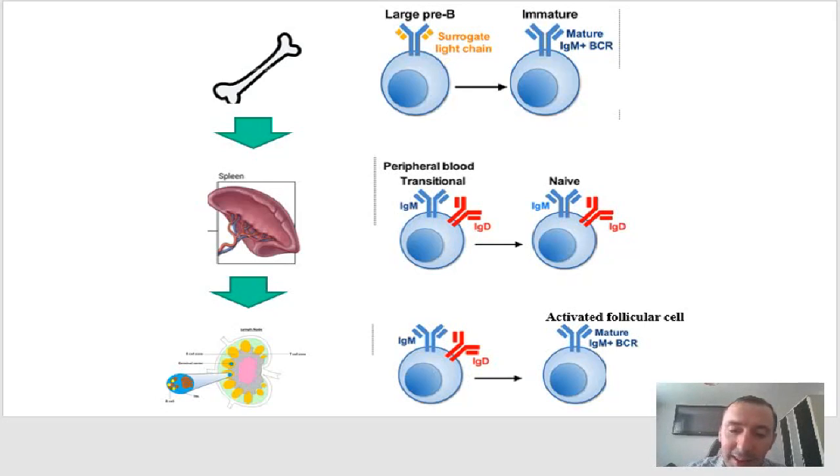And at the end of the process, when it becomes a naive, mature B cell, it expresses IgM and IgD. That mature B cell leaves the bone marrow, makes its way towards the lymph node, and when that B cell becomes activated in the lymph node, it downregulates IgD and expresses IgM. So be aware of those processes as well.